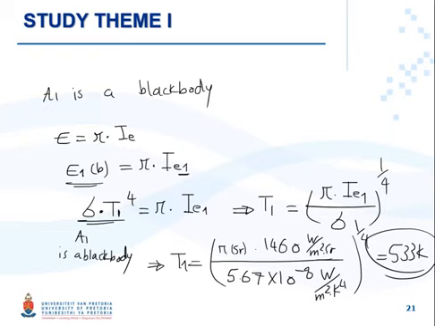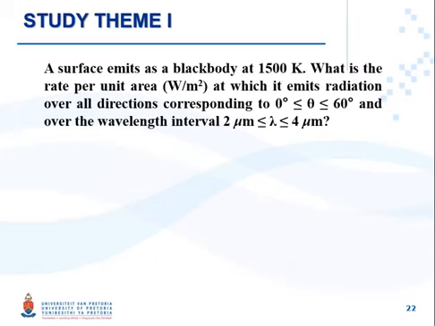So basically it's the simplest question that we can get for this chapter, but let's solve another question, and let's see how we can work with the other one. So this example is saying that a surface emits as a black body.